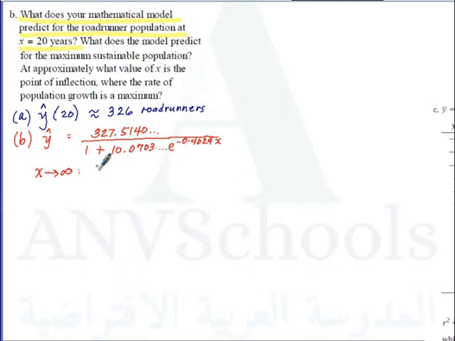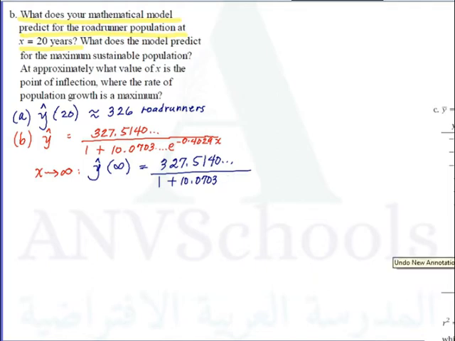Y hat at x very large, say infinity, is 327.5140 over 1 plus 10.0703 e to the negative infinity, meaning it's going down. So e to the infinity is very large and this 10 is very small, so we could write it as 10.0703 divided by e raised to infinity.